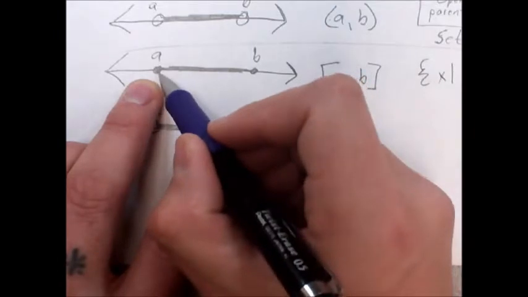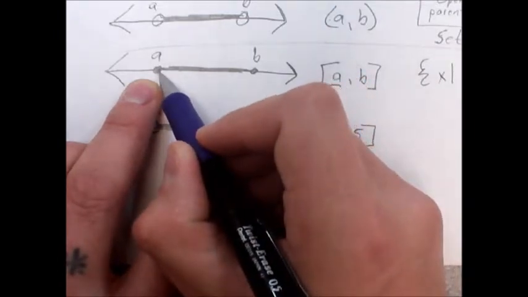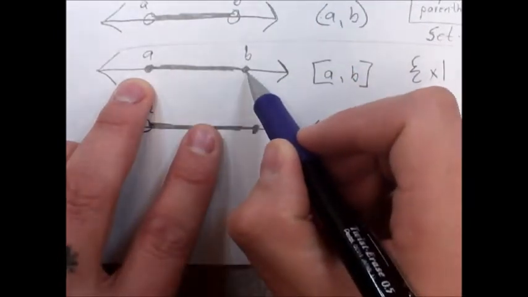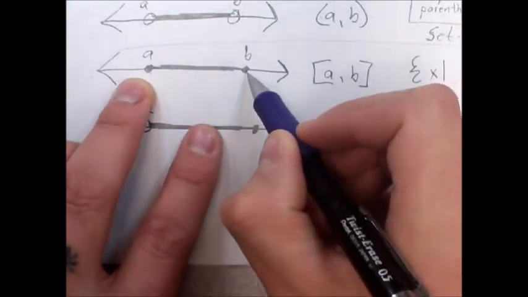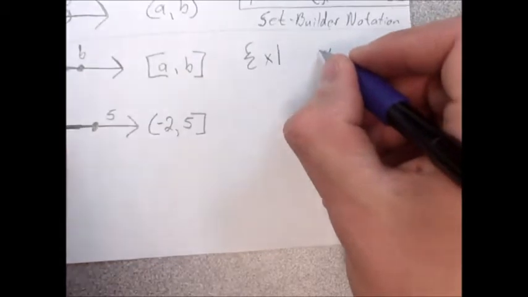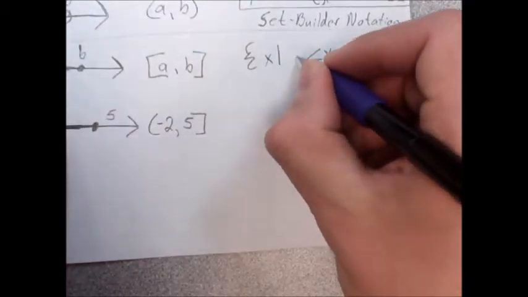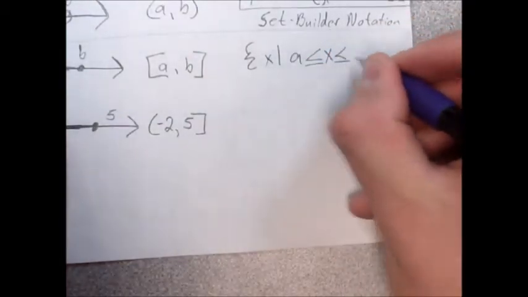X is greater than or equal to A, but less than or equal to B. And I need to write that down. So it is greater than or equal to A, but less than or equal to B.